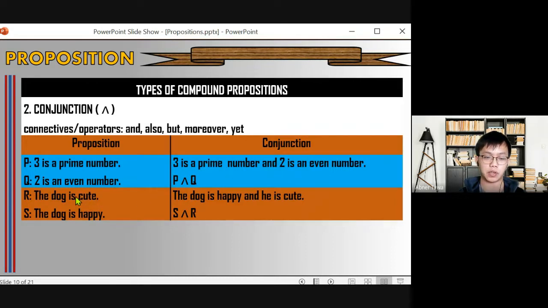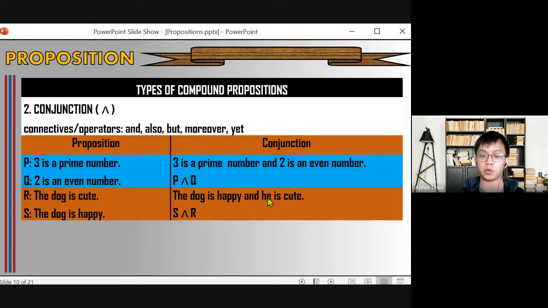Another example here is, we have here two propositions R and S. And R, that is the dog is cute. And then S, the dog is happy. Okay. So if we're going to create a conjunction for that, we can use here the connective and. It depends on what we're going to use, as long as yung meaning is sound. So we have here the dog is happy and he is cute. So hindi natin po pwedeng ulitin na the dog is happy and the dog is cute.